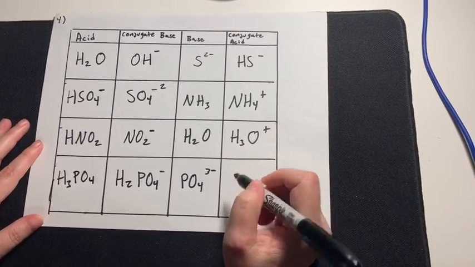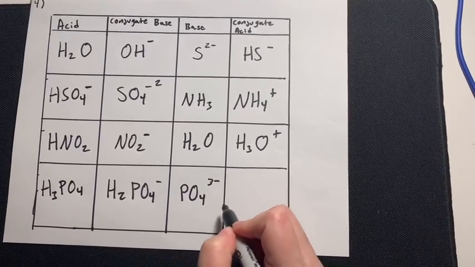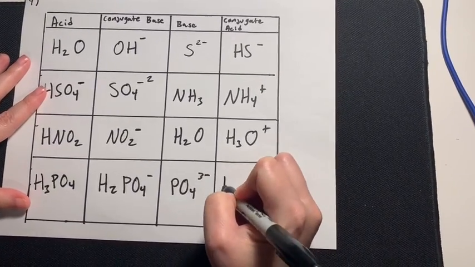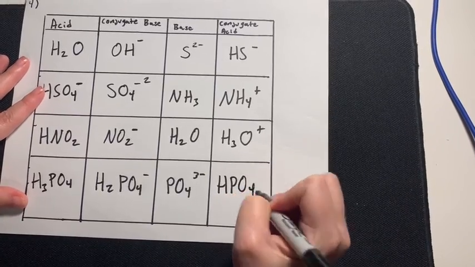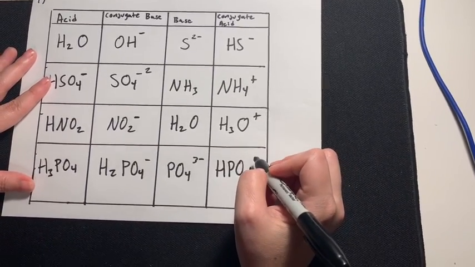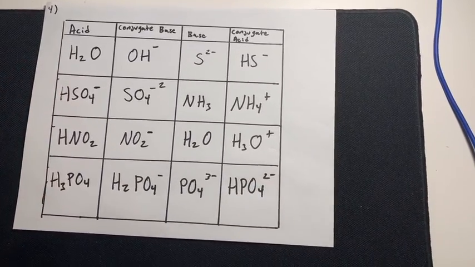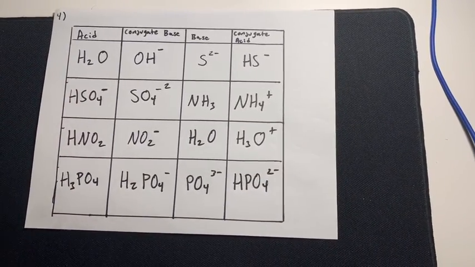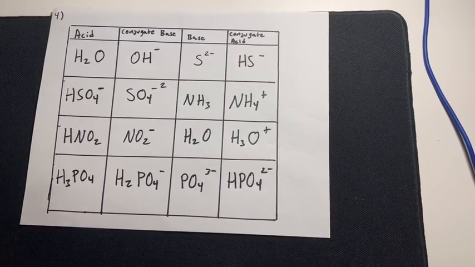And for the conjugate acid, you're going to see here's the base, but the acid needs to be able to give an H plus. So we have H, PO4, and then it only has a negative charge of 2. And that's how we are able to fill in the acids and the conjugate bases, along with the bases and the conjugate acids.